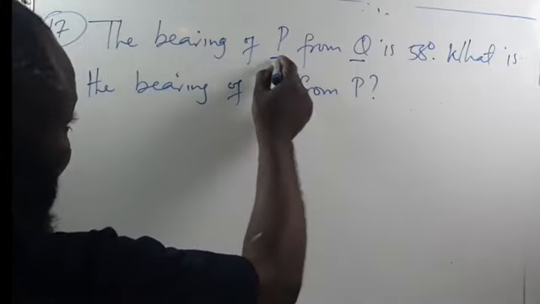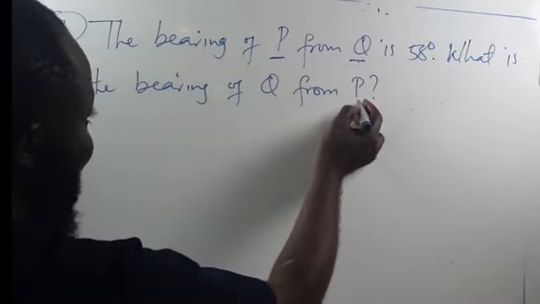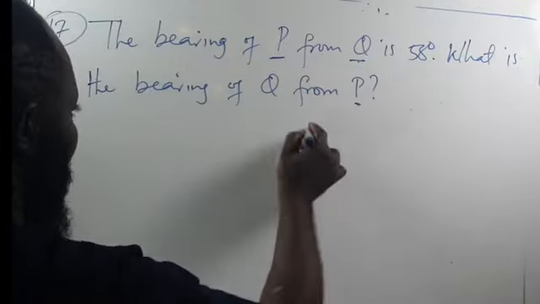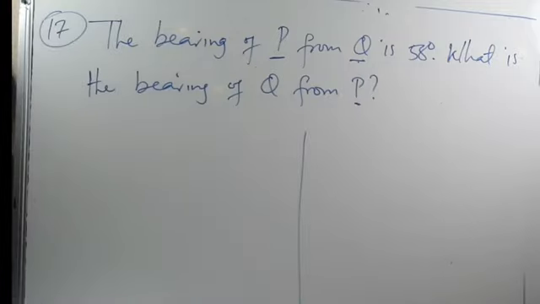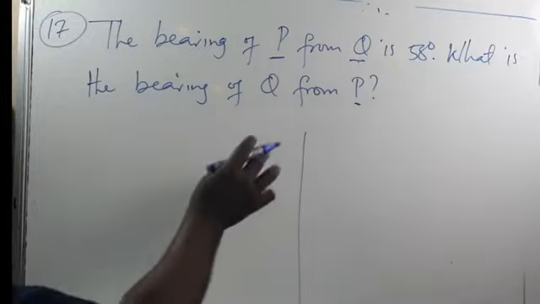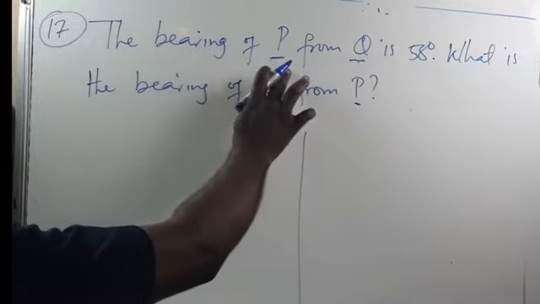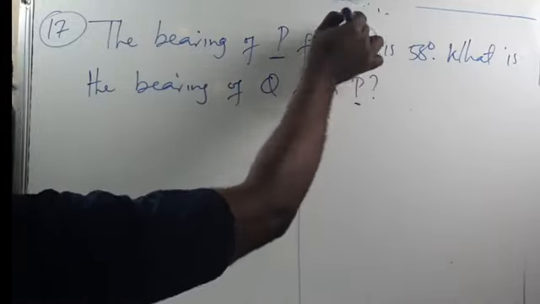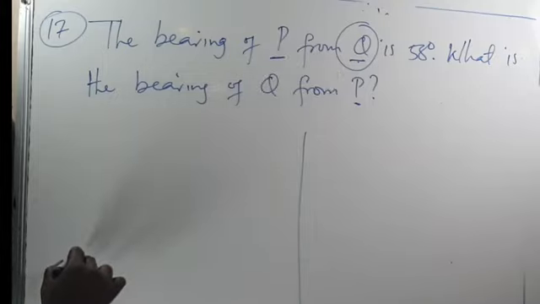So you can see we're starting from Q. Now this question says we should start from what? P. So how are we going to do that? I'll give you a shortcut and I'll also explain the basis. So the basis is this. Let's find the bearing of P from Q. Our starting point is Q, this is point Q here. You have to draw your 4 cardinal points here, the north.